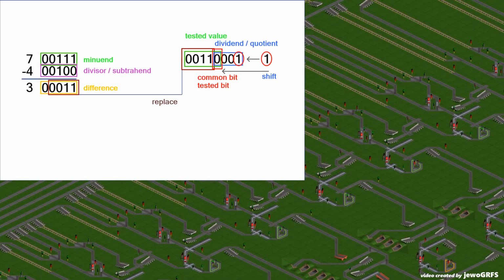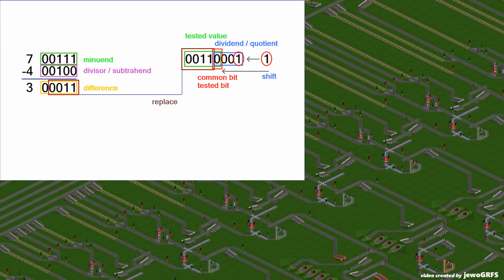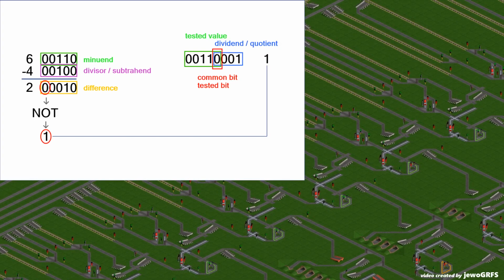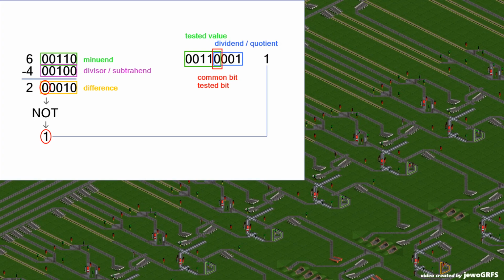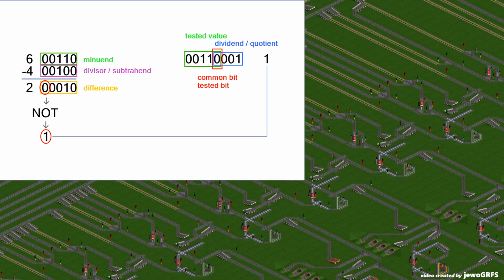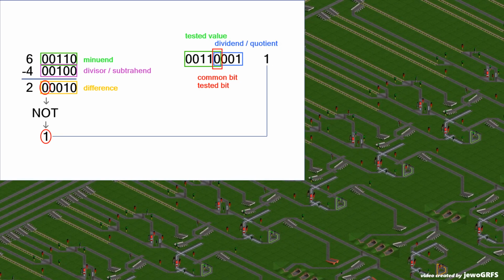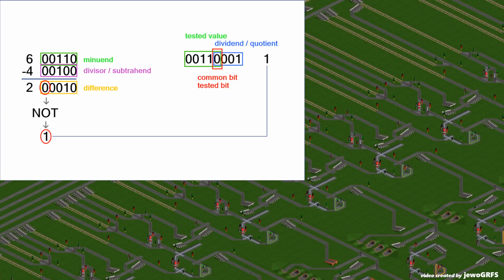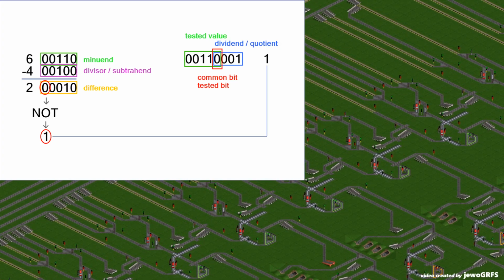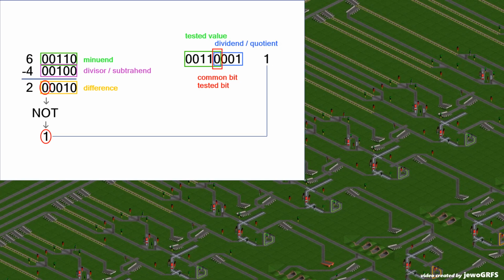So we're going to test the last bit of our dividend. We copy that 6 into our minuend register. In the subtraction circuit, we subtract 6 minus 4 equals 2. Again, we have 0 as the most significant bit. We're changing it with a NOT gate and having 1. So I'm putting that 1 on the right hand side of the blue register.